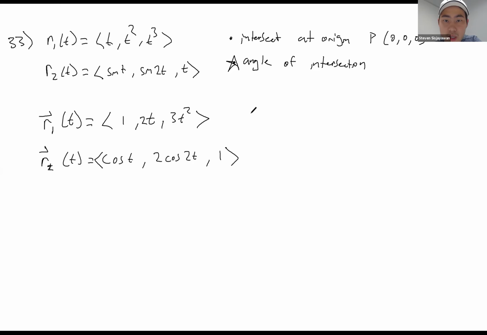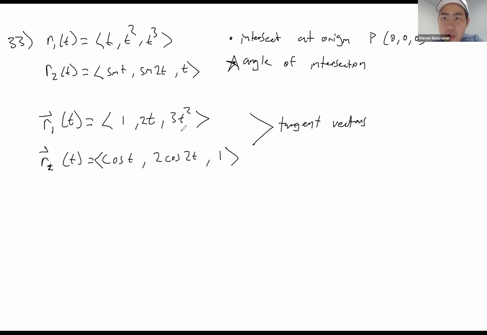These are my tangent vectors for the two curves. The tangent vectors basically show where the curve is going.